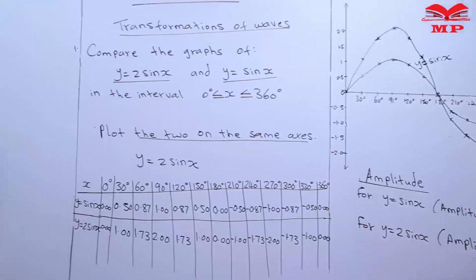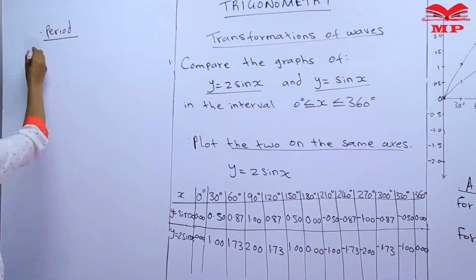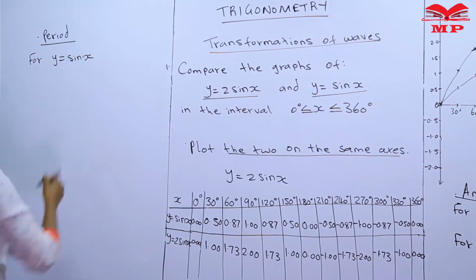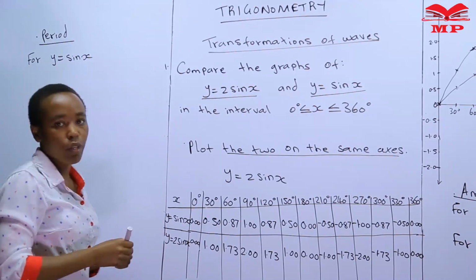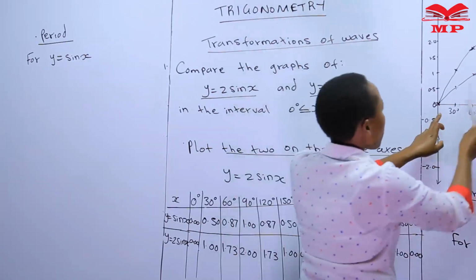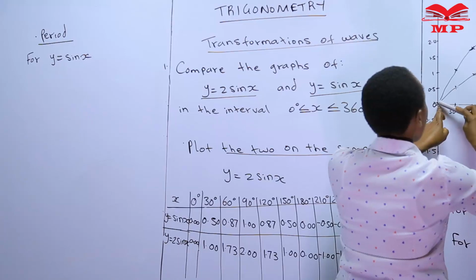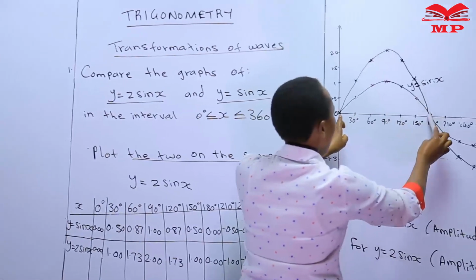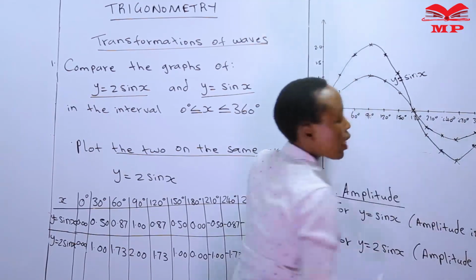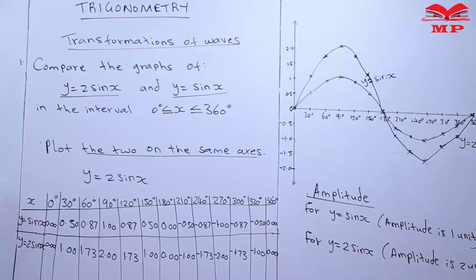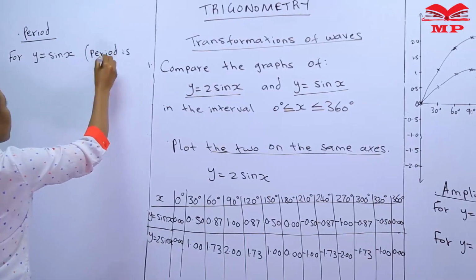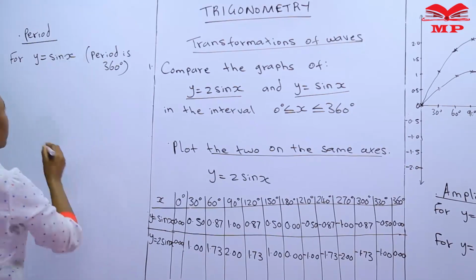The period, we can start with the first one, y is equal to sine x. We compare one complete oscillation. So if we look at y is equal to sine x, this is a half, then we have the other part here. Therefore our period is 360 degrees.